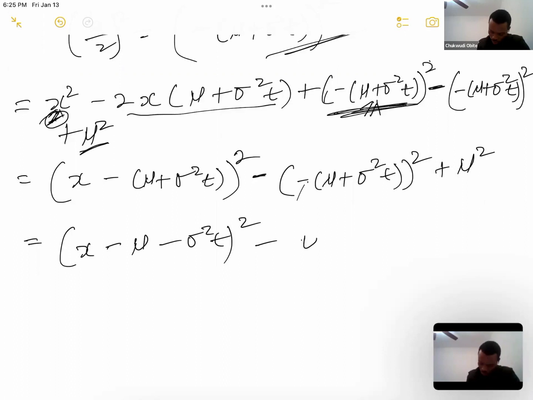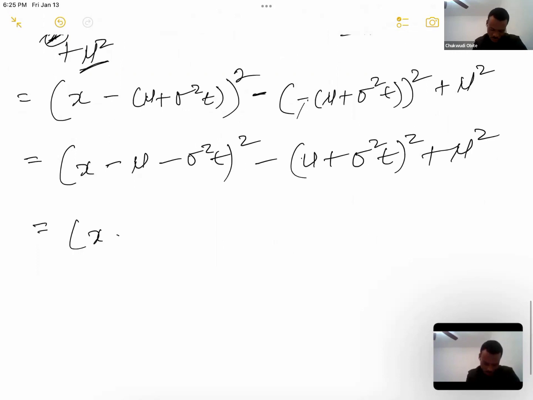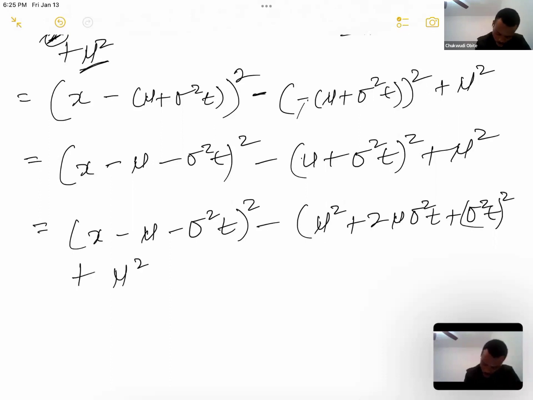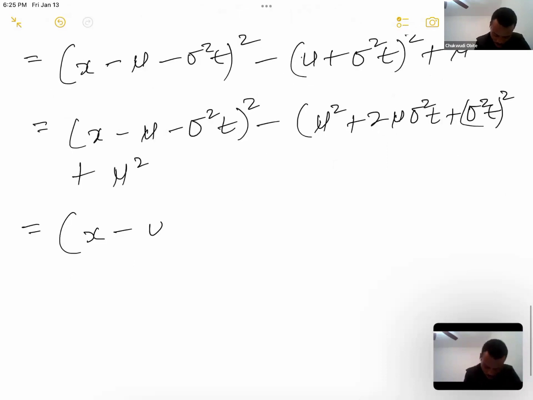I will have mu plus sigma squared t square plus mu square. If I expand the second bracket, that has nothing to do with x. If I expand it, I will have mu square plus 2 mu sigma squared t plus sigma squared t all square plus mu square. So this will give me x minus mu minus sigma squared t all square.